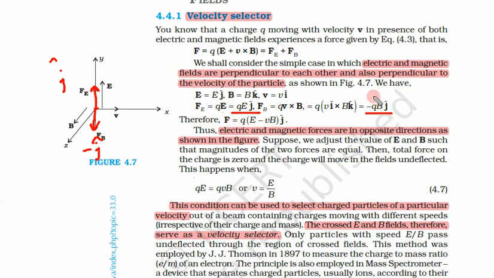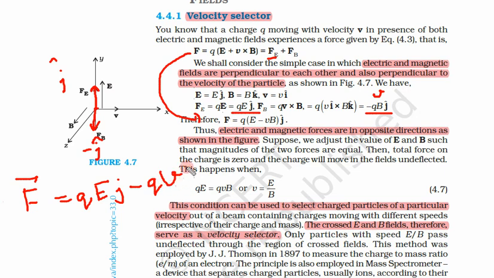Now since they have forgotten to write V here, let us put it in this equation. F is equal to Fe, which is QEj, plus FB, and FB is equal to minus QVBj.